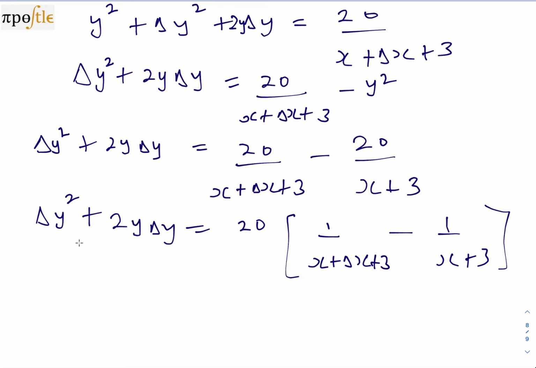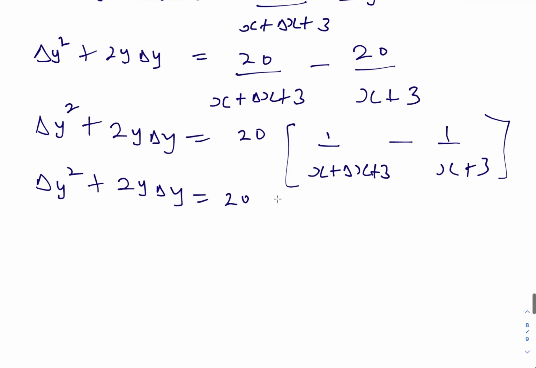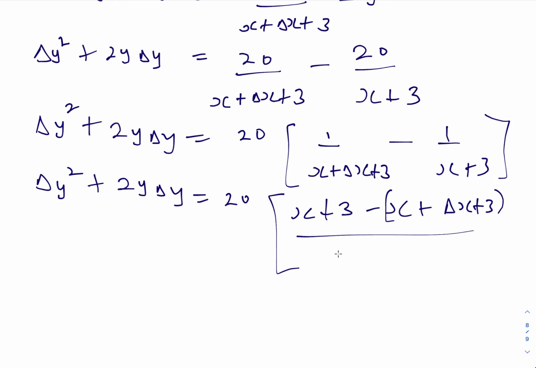Let me finish what is on the right-hand side. That will be delta y squared plus 2y delta y equals 20 times ((x plus 3) minus (x plus delta x plus 3)), everything divided by (x plus 3) multiplied by (x plus delta x plus 3).